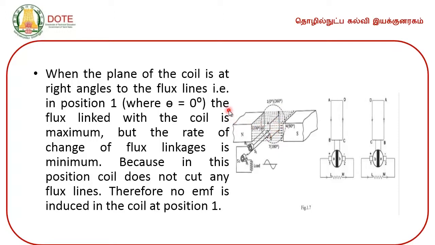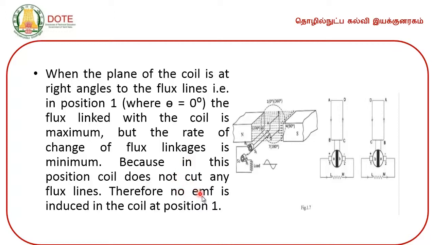If the position of the armature is like this, then the flux linked with the coil is maximum, but the rate of change of flux linkages is minimum, because in this position the coil does not cut any flux lines.